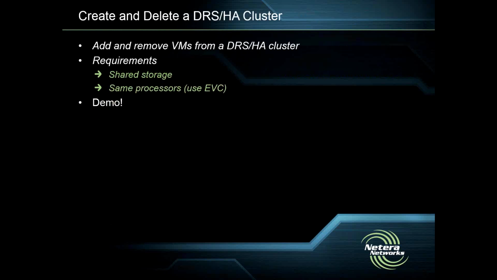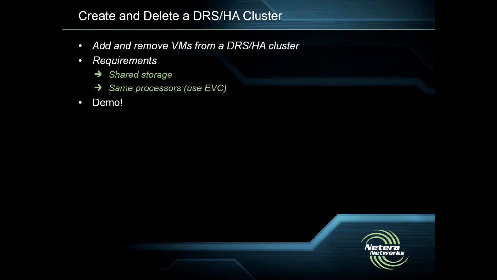So another topic in the blueprint is to create and delete a DRS and HA cluster. There are really several requirements, but two of the important ones include shared storage, right? Now, I know there's the shared nothing vMotion, but for the purposes of many deployments, shared storage is going to be very useful.